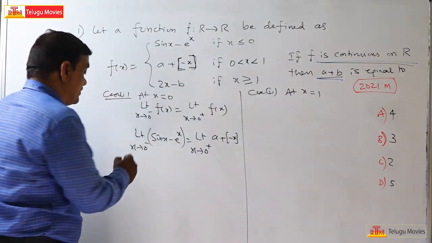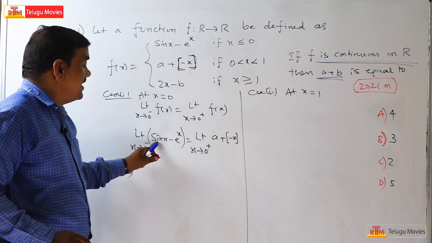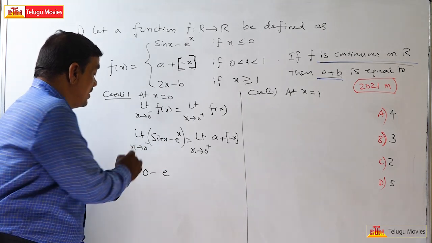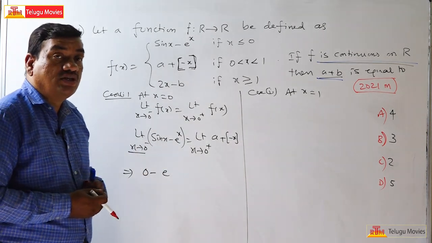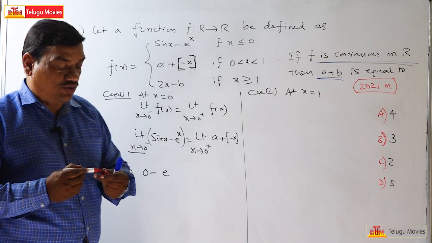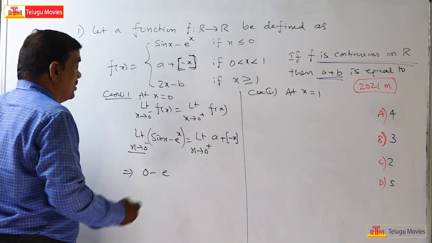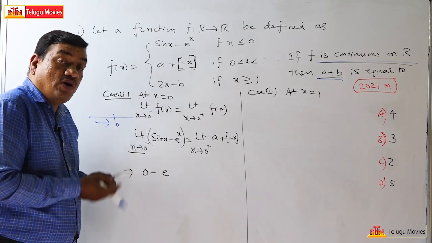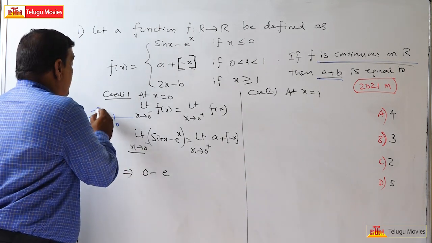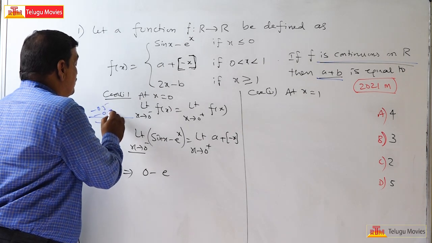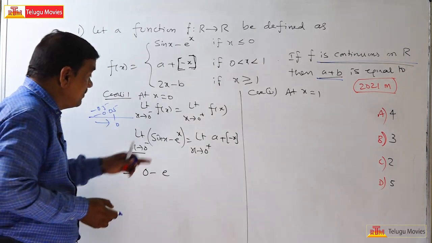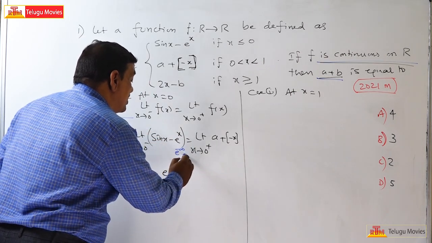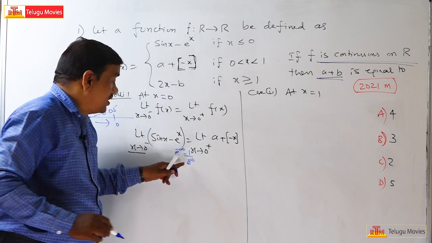Now, what is the value of this? Here sin 0 is equal to 0, minus e power x, where you are approaching 0 from the left side. That means you are taking negative values like minus 0.5, minus 0.05. So x is taking negatives, that means e power minus infinity, that is 1 by e power infinity.